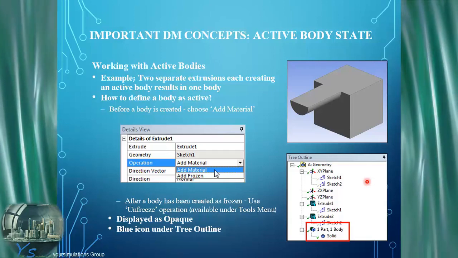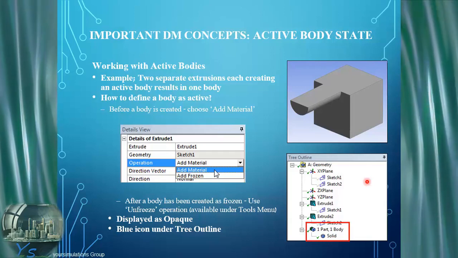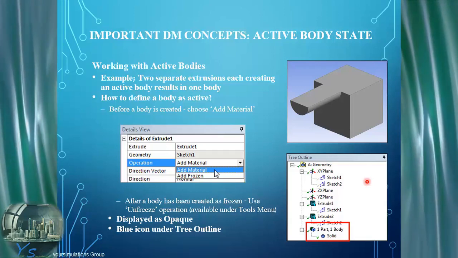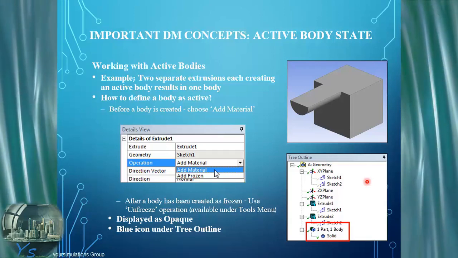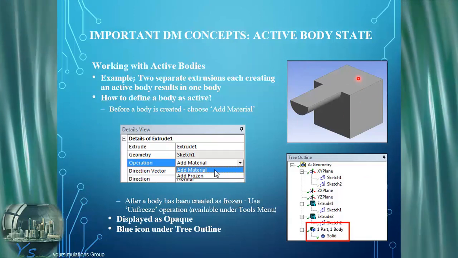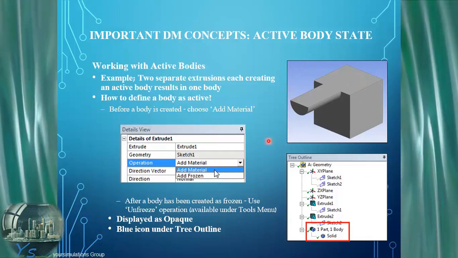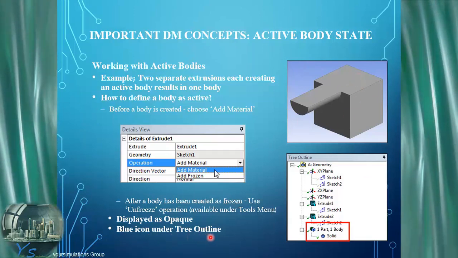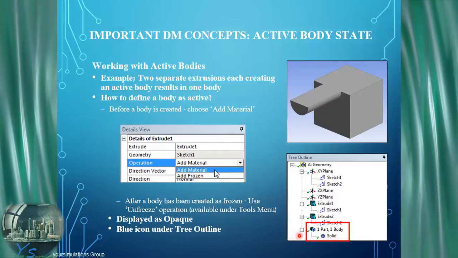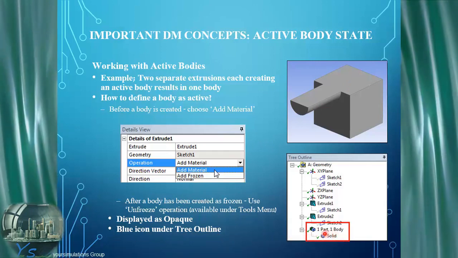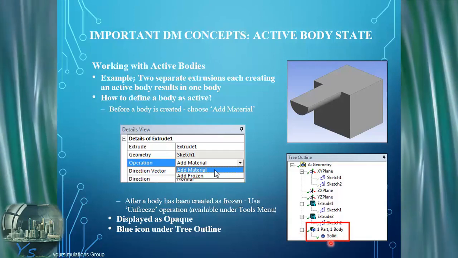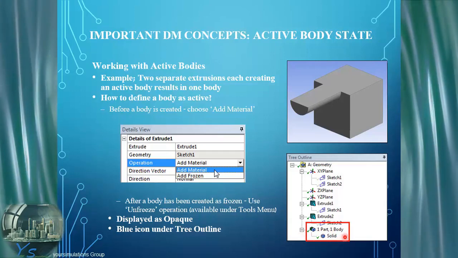And when it's formed as add material, by default it's displayed as opaque, so that we can't see through it, as shown in the top right hand corner of the screen in this example. And we also see a blue icon under the tree outline. So here we can see this blue cube listed against the active body, which is called solid.